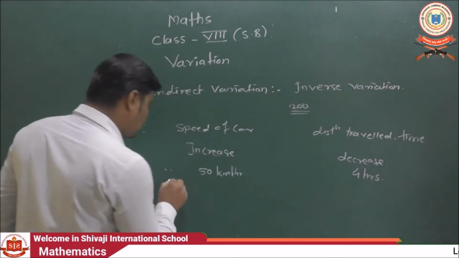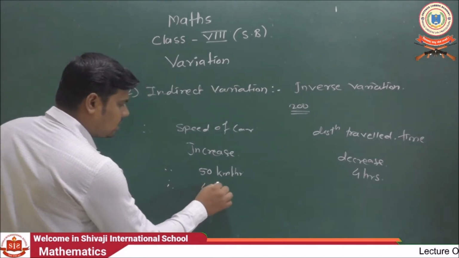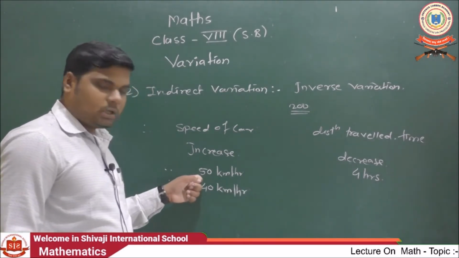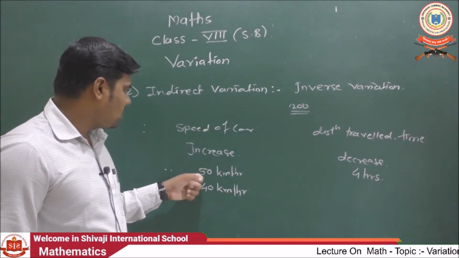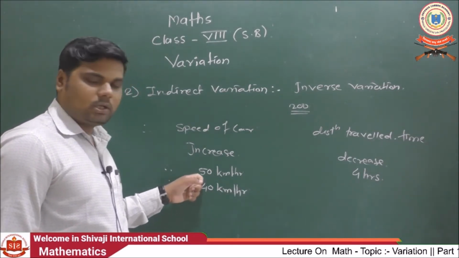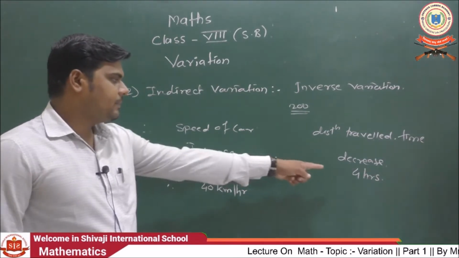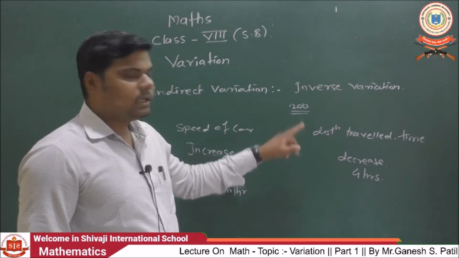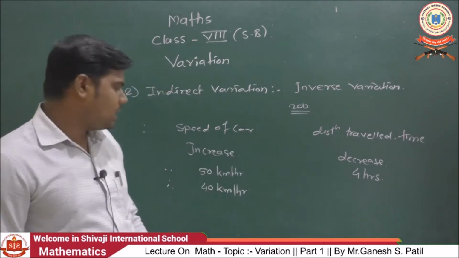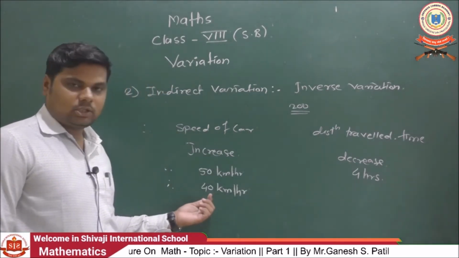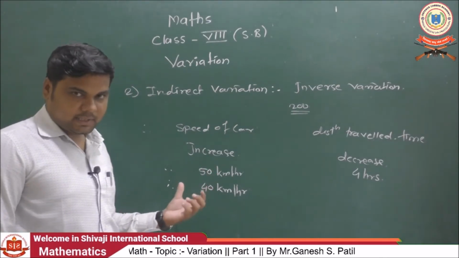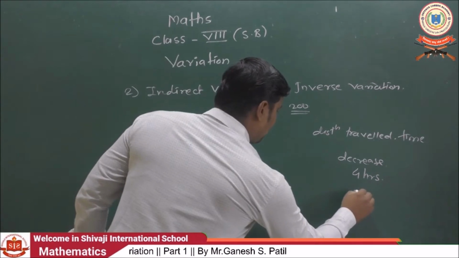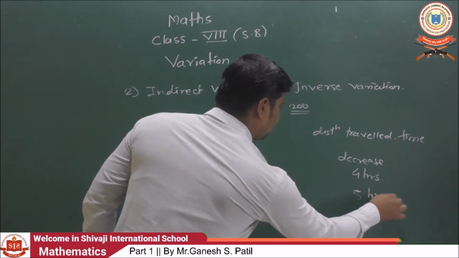And suppose you decrease your speed of car, and the speed is 40, means speed is decreased, that time is increased, means 5 hours.